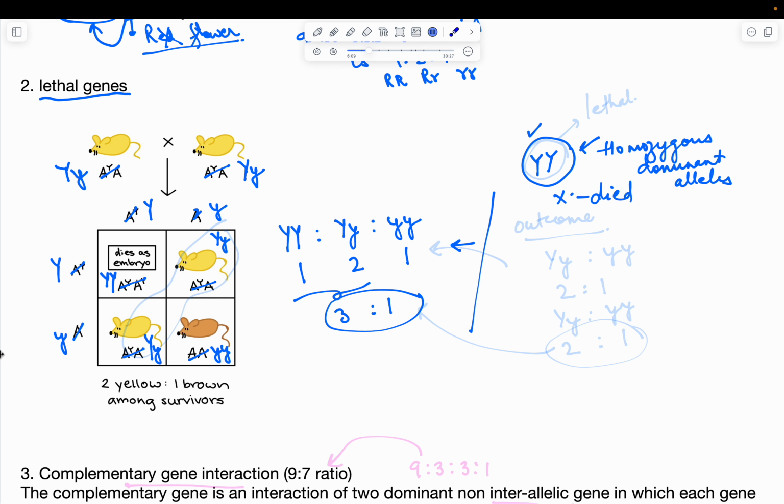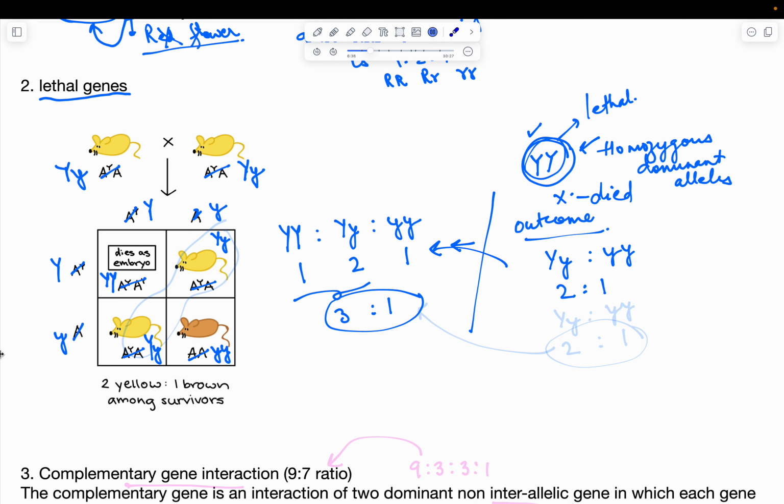So the dominant allele in homozygous condition was lethal. It caused the death of the organism. The outcome of this cross was that the mice were found in a ratio of 2:1 instead of 1:2:1.